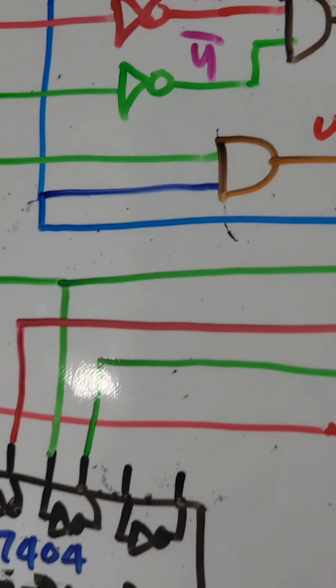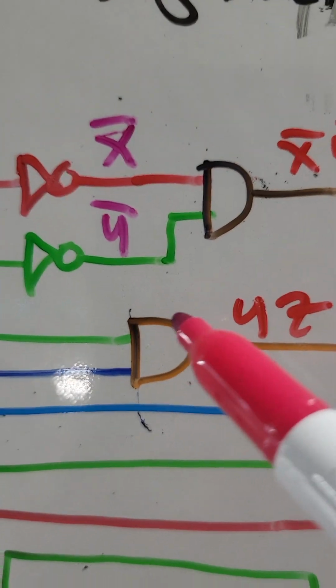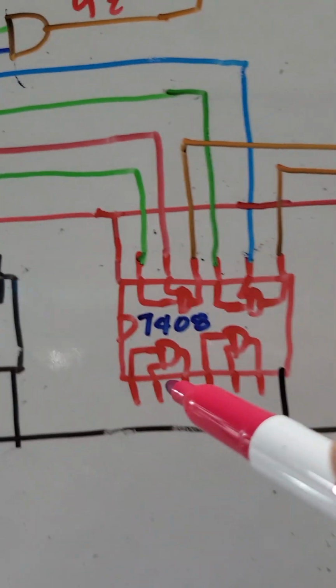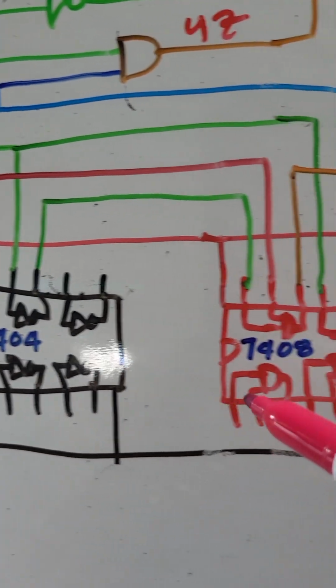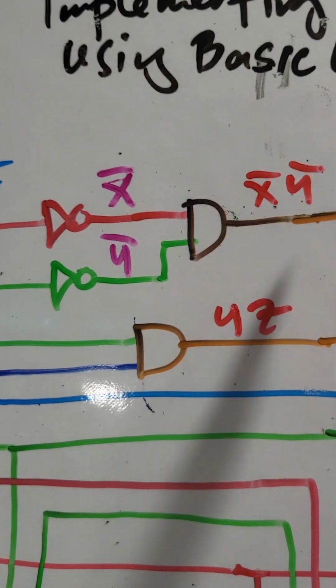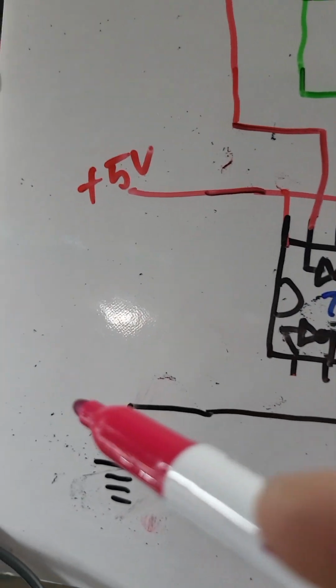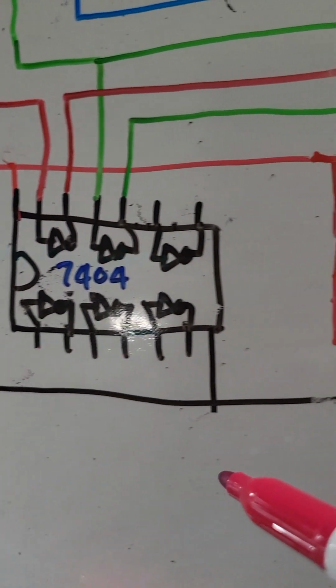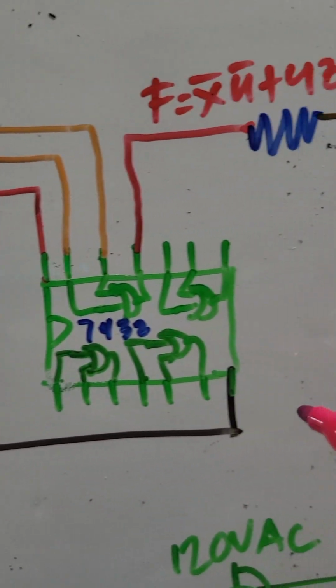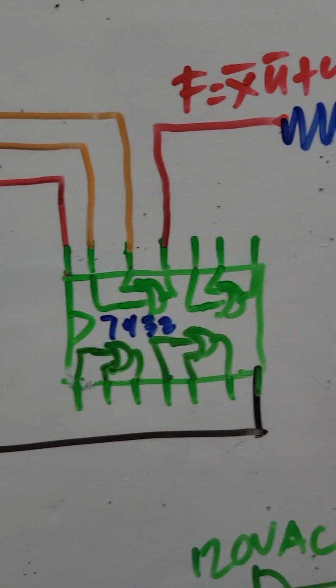Okay, so this is our connection. Same as here, but this time this is the actual IC drawing. Same with that one. But we have supply 5 volts, we have ground, right? It's the actual pinnings of our IC.